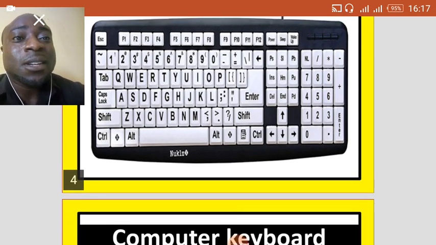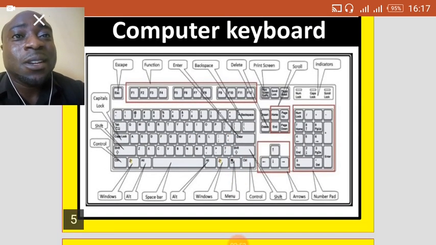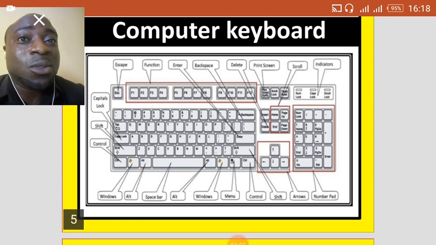All right, now let's look at the keys on the keyboard. There are many keys, about 104 or 102 keys. They have their own particular function and their name is written on them for us to know the keys we are pressing.